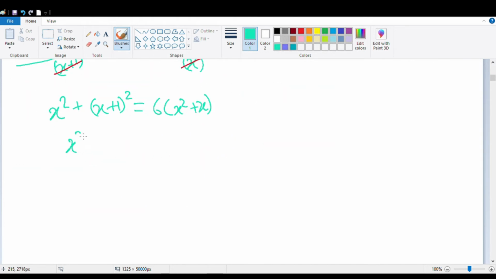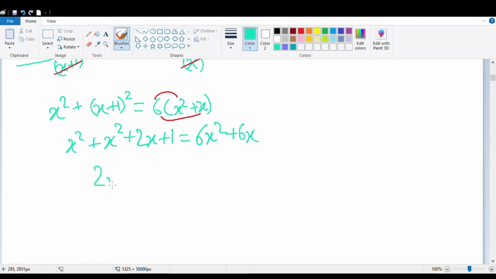So x squared plus, opening this square, we get x squared plus 2x plus 1 is equal to, here, 6 into x squared is 6x squared, and 6 into x is 6x, so 6x squared plus 6x.